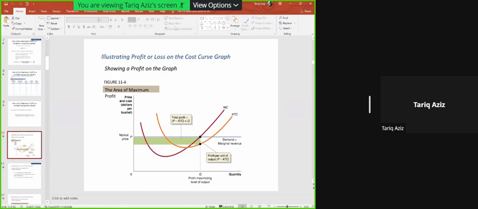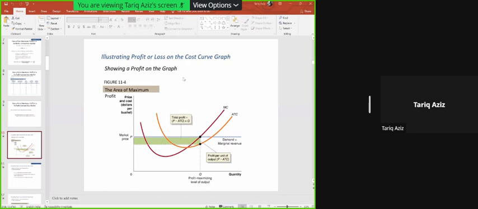This straight line is the demand curve or the marginal revenue curve, because as we know, in a perfectly competitive market the demand curve is given and a single firm cannot change the price. The price is already given as far as the case of an individual firm is concerned.